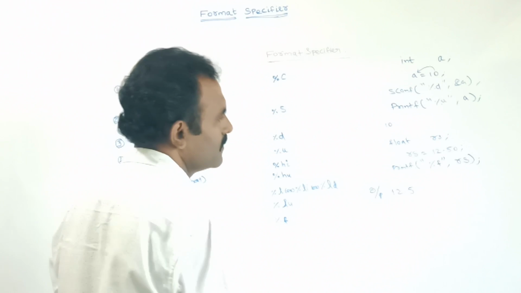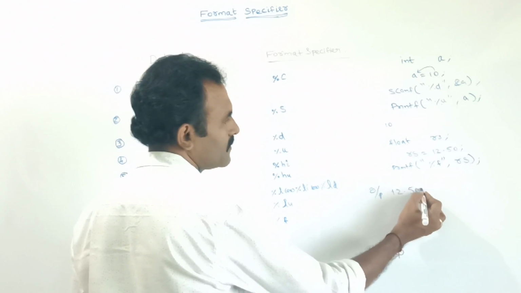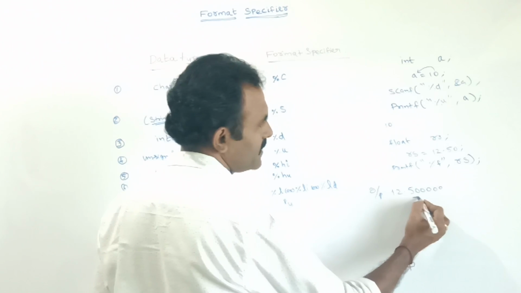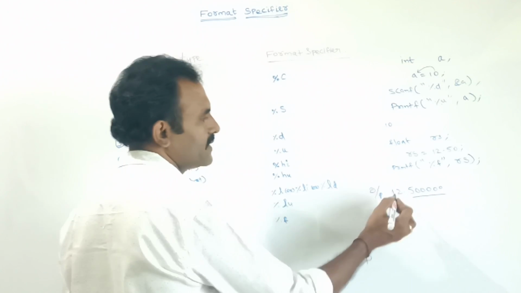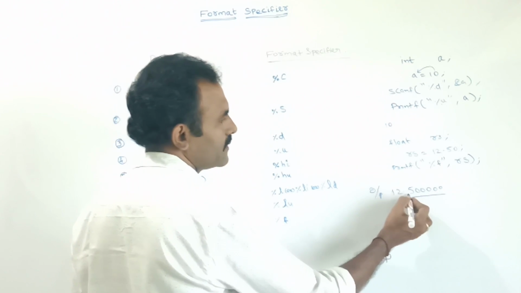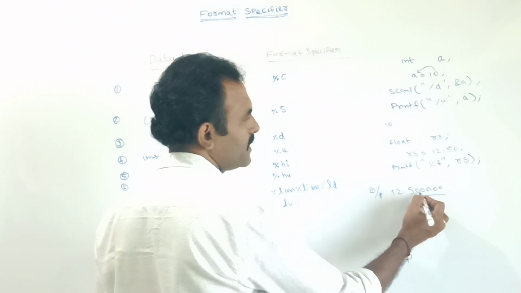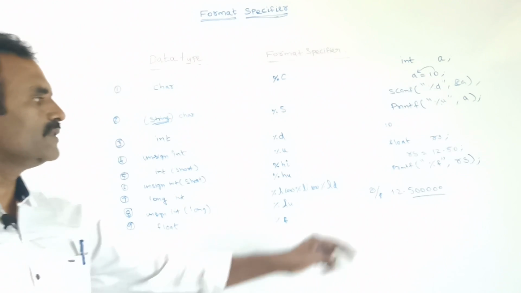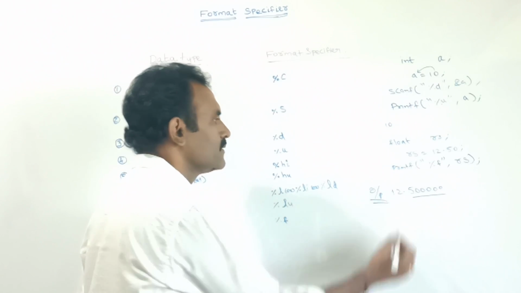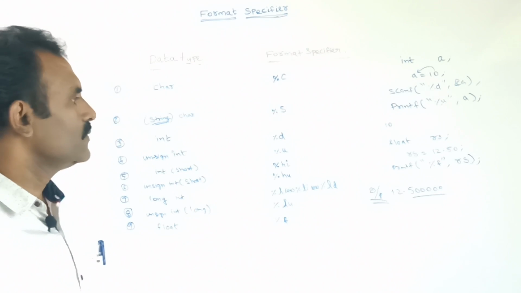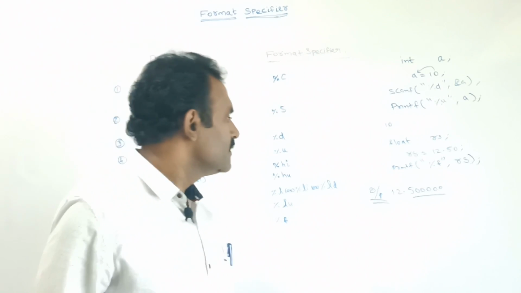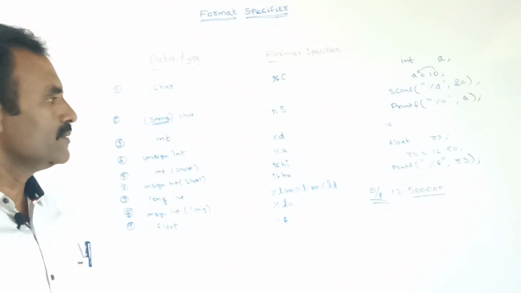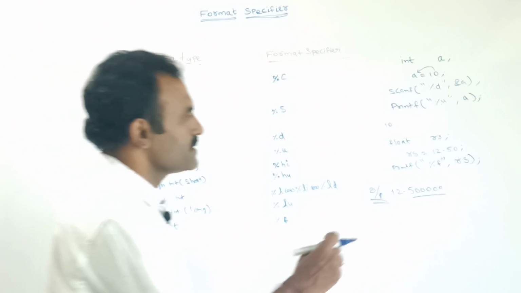12.500000. By default the precision value is up to 6 fractional digits after the decimal point, and it will be printed like this. So we can use the point symbol, that is the period symbol, to set the precision value.